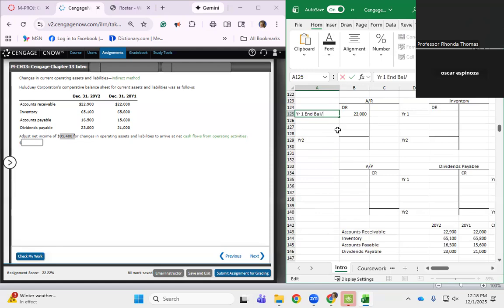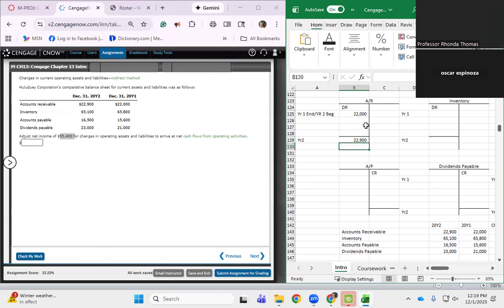So this is also year 2 beginning. Year 1 ending becomes year 2's beginning. That took me a long time to understand that. All right, 22,000. Then we ended year 2 with 22,900.